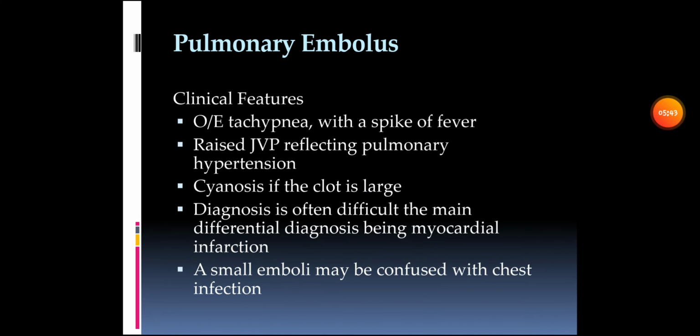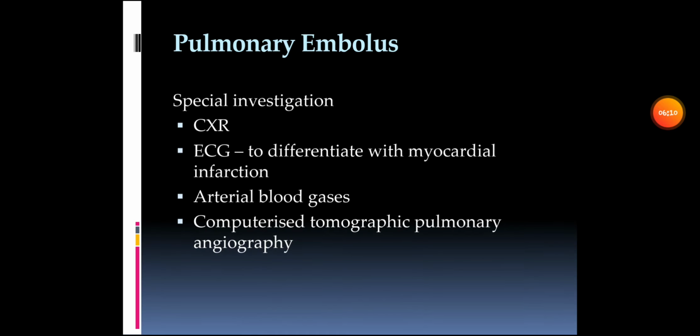On examination, you'll get tachypnea with a spike of fever, and raised jugular venous pressure reflecting pulmonary hypertension. They may present with cyanosis if the clot is large. Diagnosis is often difficult, the main differential diagnosis being myocardial infarction, because the clinical features are very similar, and a small embolus may be confused with chest infection.